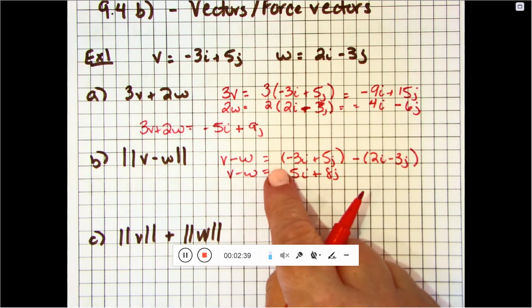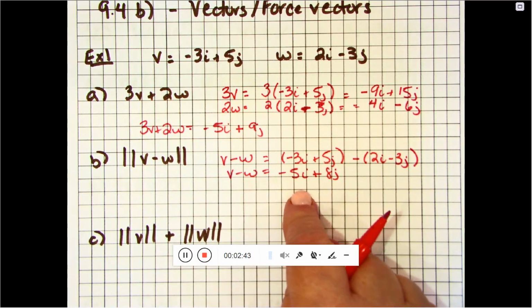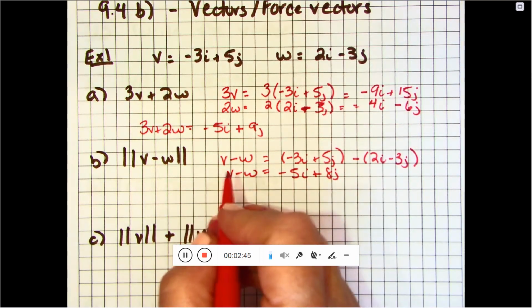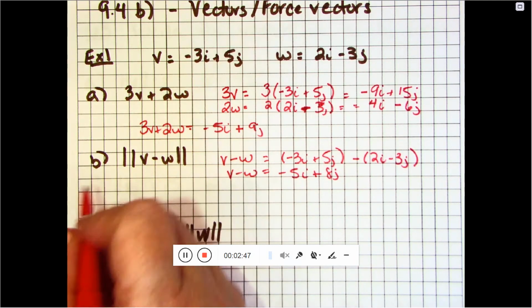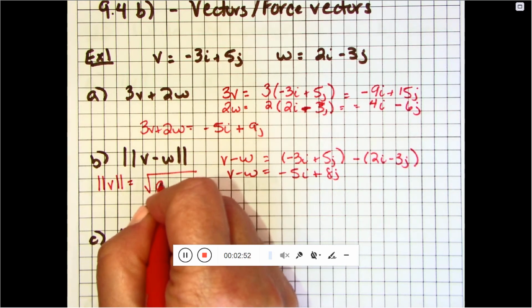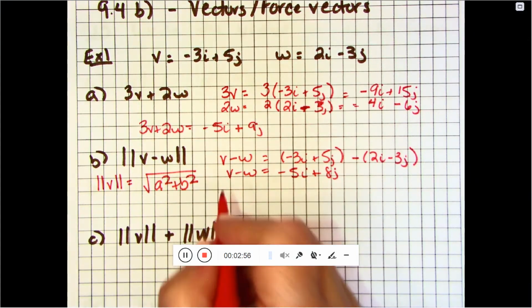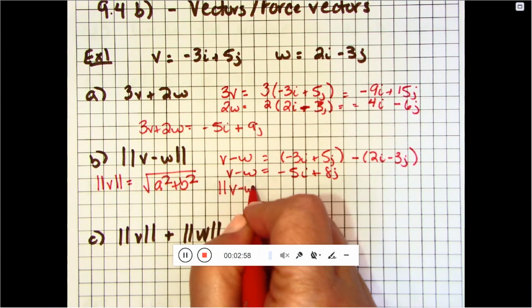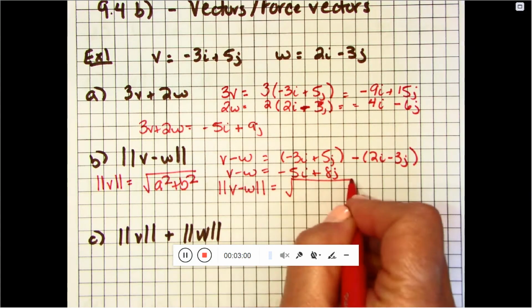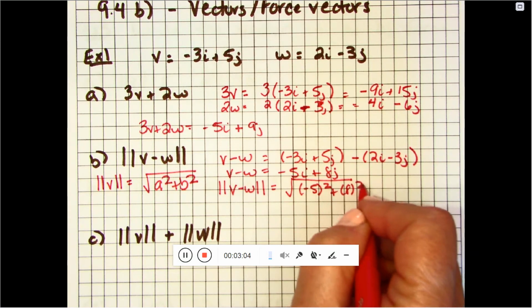Okay, so that's what the vector v minus w looks like. That's the resultant vector. Now we have to take the magnitude of that vector. And if you remember correctly, the magnitude of the vector is simply the Pythagorean theorem. It's the square root of a squared plus b squared. So the magnitude of v minus w is the square root of negative 5 squared plus 8 squared.